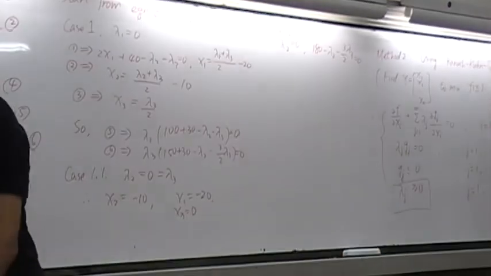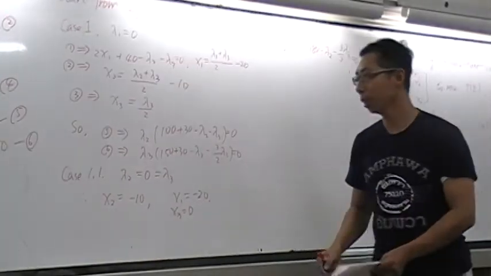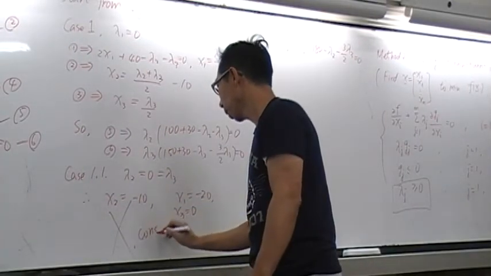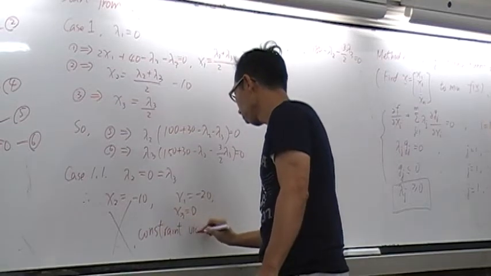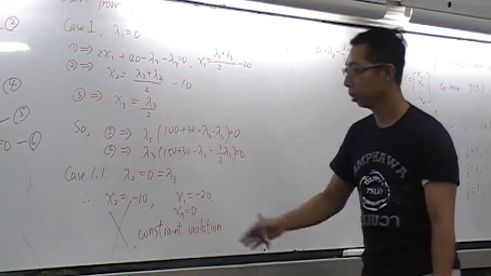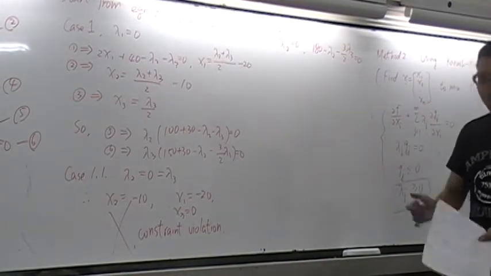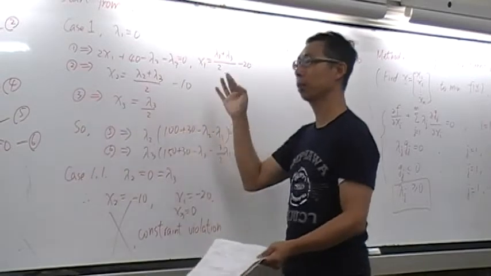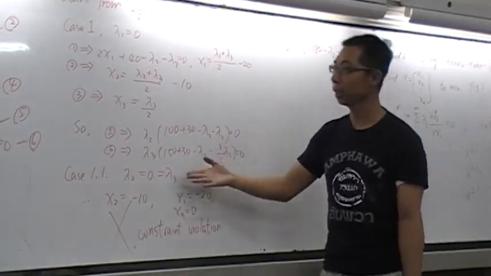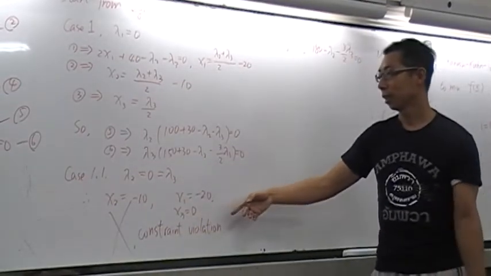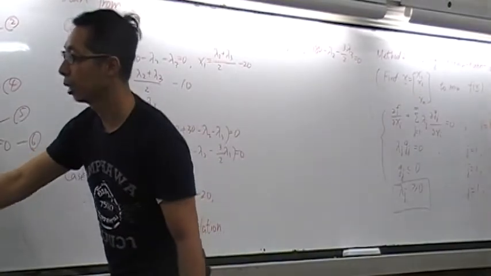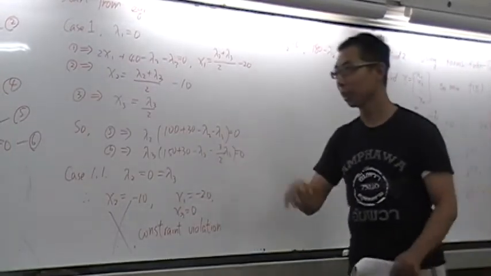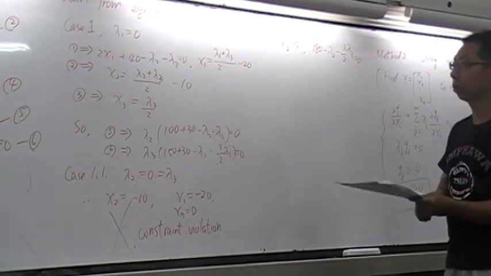So the second constraint is violated. Okay. So anyways, if you see one constraint violation, it means that this is no good. Which means that we need to eliminate this possibility. As I said just now, we use the equal sign to solve first, and there may be several different solutions. The first case solved is like this. Then you plug back into the constraints below, whether G or lambda, and if any one of them is violated, then it doesn't work. Okay, so case 1.1 is bad.